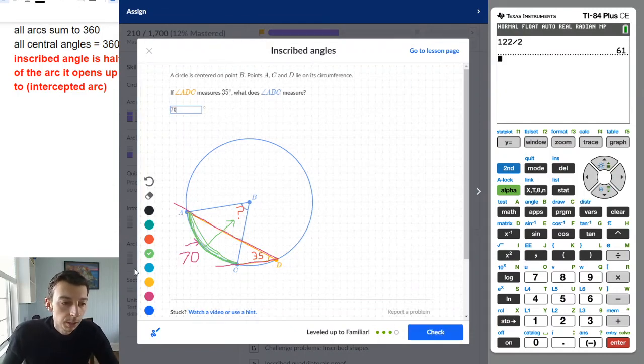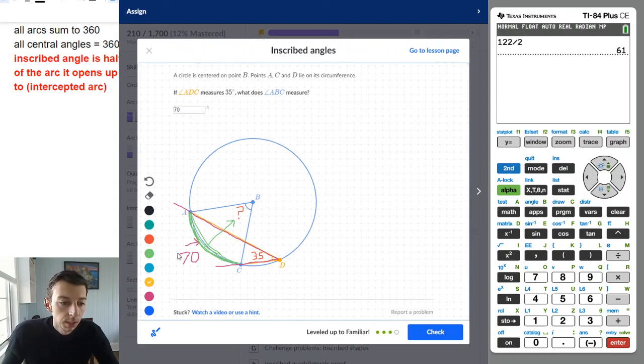Now before I enter, I just want to show one more part of this example. If you were to take this arc and make an angle down here that opens up to that arc, if this is 70, this would also be 35. So anytime you have an angle that's on the circle that opens up to an arc, you just divide by 2. And that's kind of the whole idea behind inscribed angles.